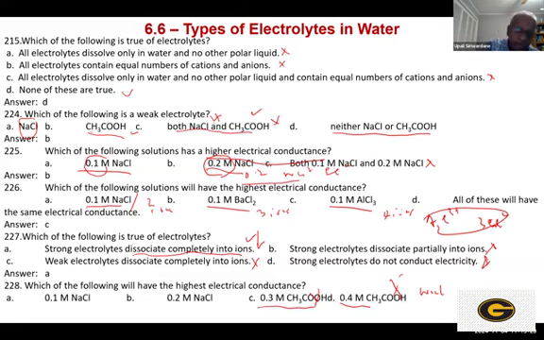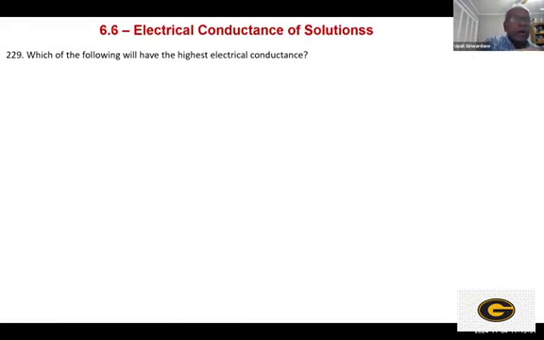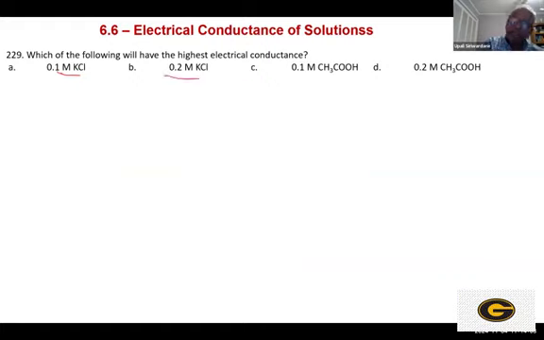Out of these two, this has higher concentration. Therefore, B is the correct answer. Which of the following will have the highest electrical conductance? These two are weak electrolytes. Therefore, they have very few ions. Out of these two, B is the correct answer because the molarity is higher.